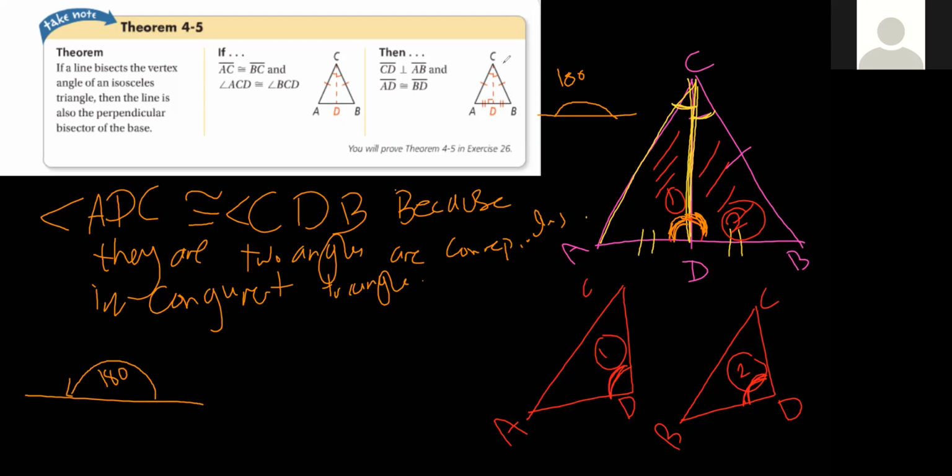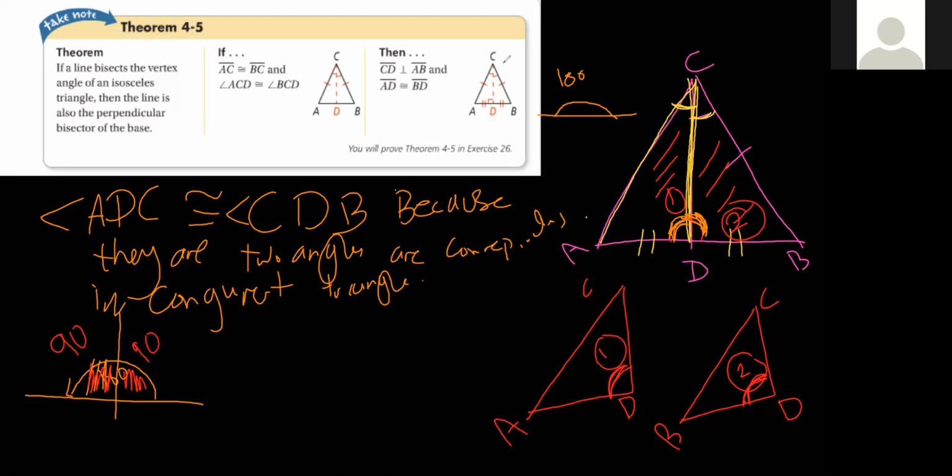If this one is 180, and I told you this angle is equal to this angle, what is the measurement of each one? 90. Here is 90 and here is 90. And since this line cuts and makes these two angles 90, 90, that means it is perpendicular to the AB.